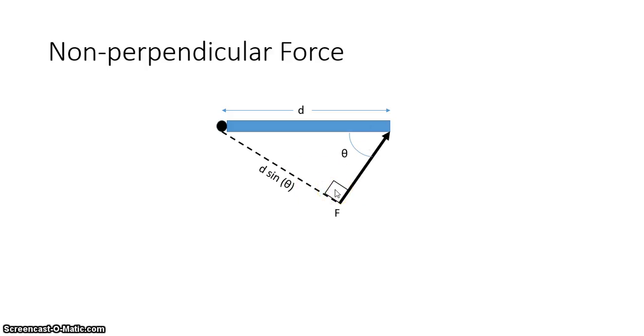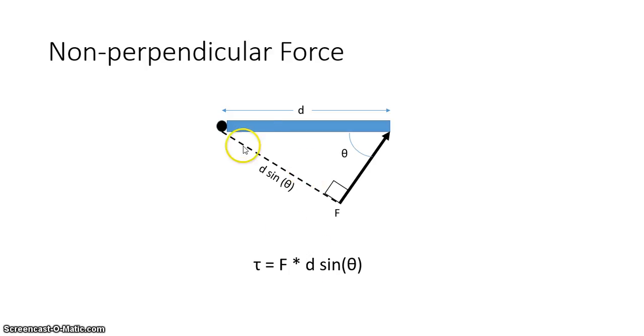And so because of this, we may say that torque is equal to the force being applied times the perpendicular component, if you will, of d sine theta, if we look at this angle here as being the angle between where the force is being applied and the moment arm.